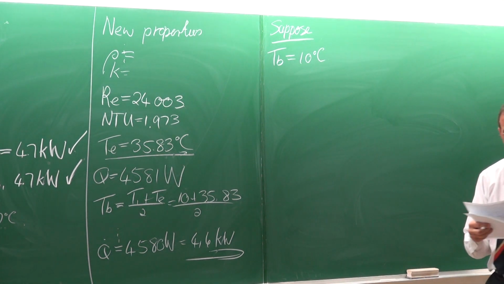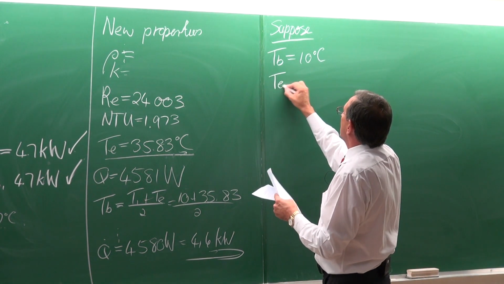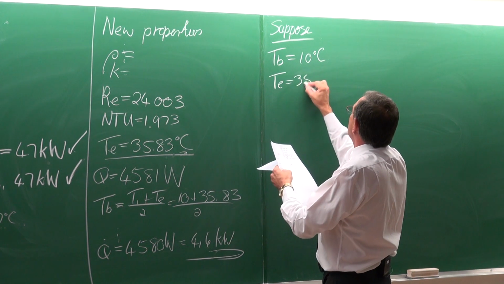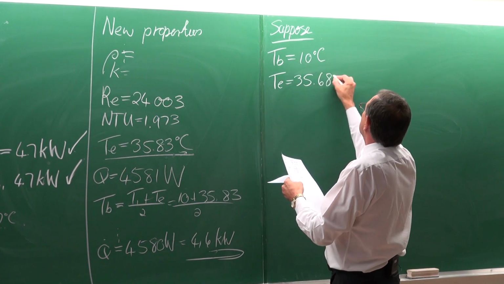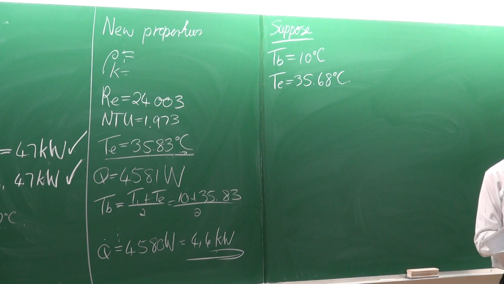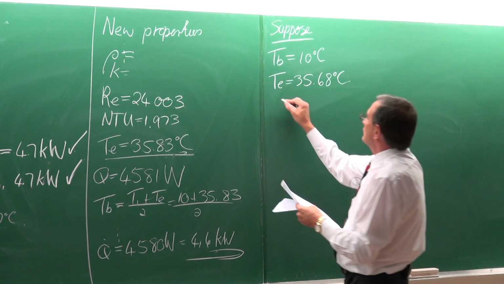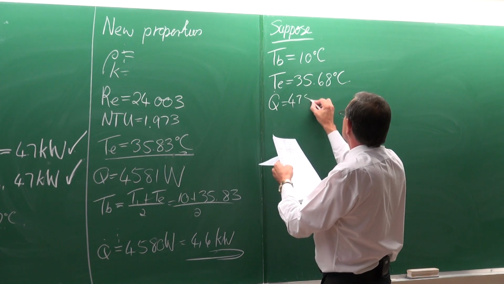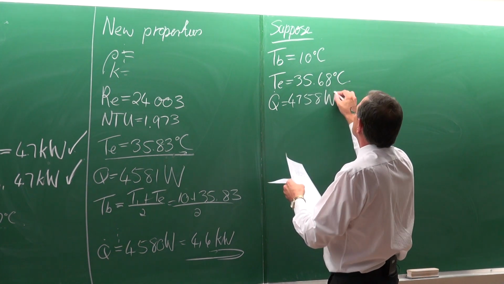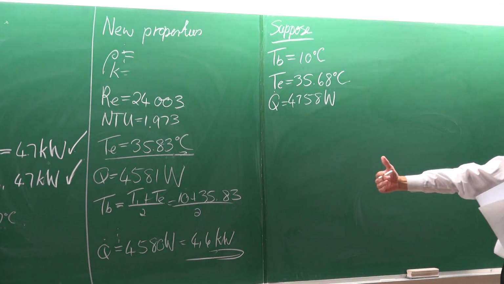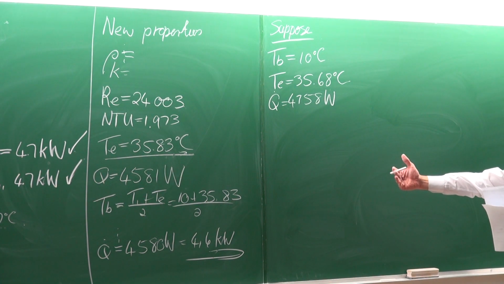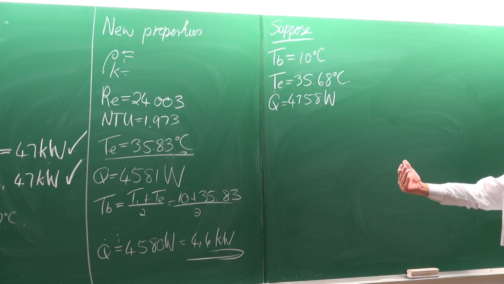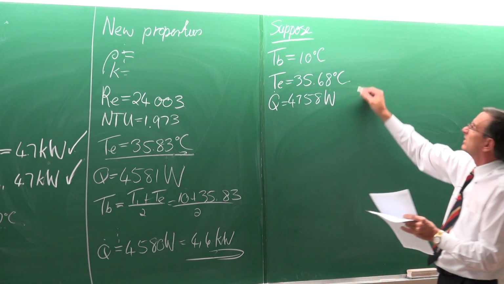Then the outlet temperature calculated would be 35.68 degrees Celsius. The heat transfer rate would be 4,758 watts. So you would get 4.8 kilowatts and not 4.5 or 4.6 kilowatts. Not that far out.